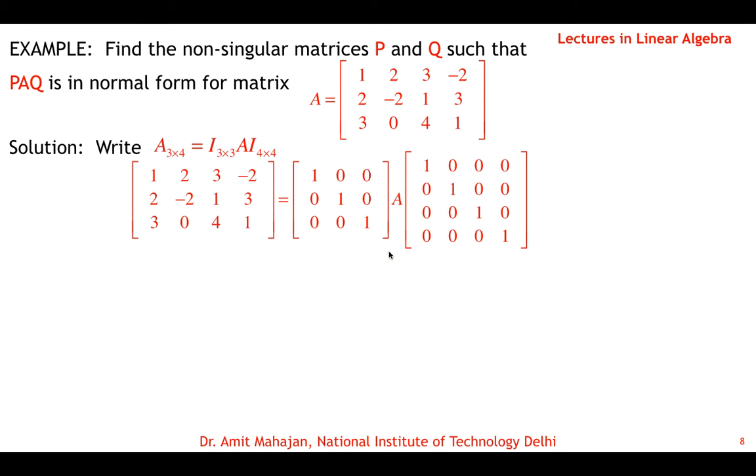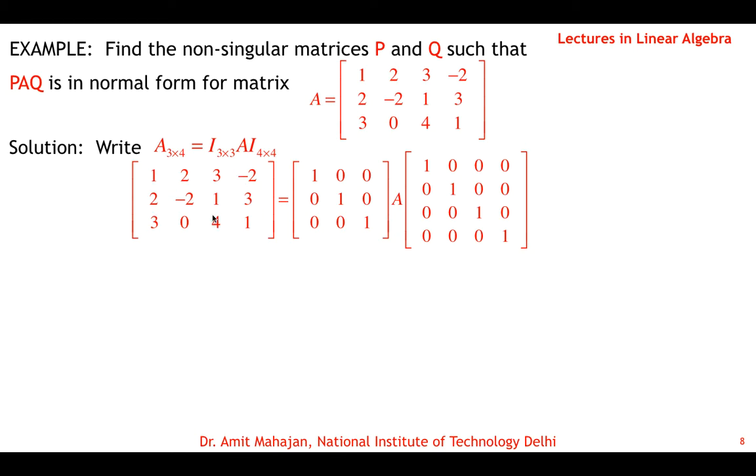Okay, and then you can start using operations, try to reduce it to normal form, and you can start with a row operation or a column operation. You can use some row operations then column operations, or you can mix, use one row operation then column then row then column. Okay, so whatever operations you want you can apply so that it reduces to normal form.